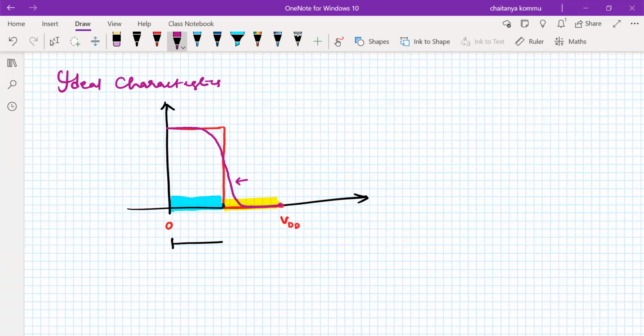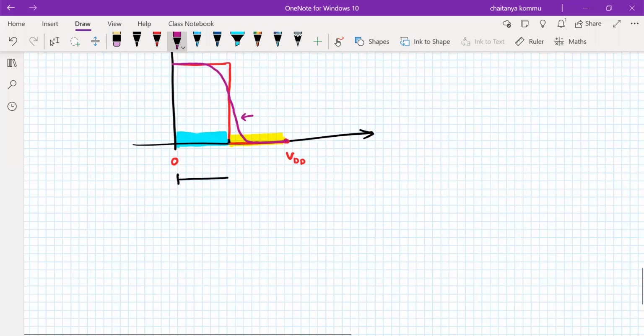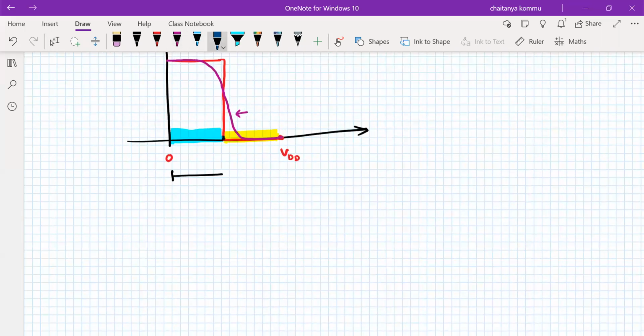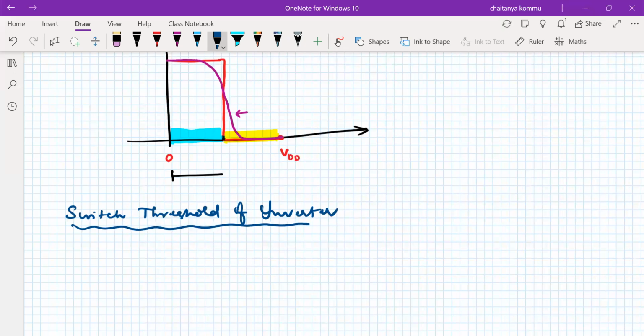Now, it's very important to note one point. It's very important to understand the switching threshold of an inverter. So what do we mean by the switching threshold of an inverter?